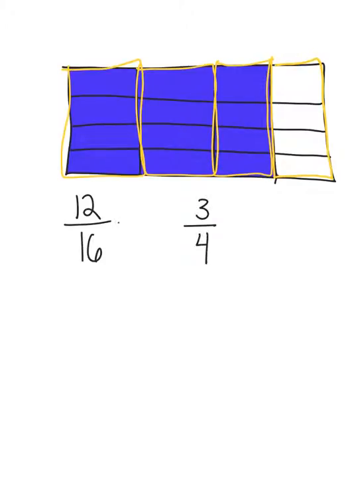So how did we get that? Well, let's make a division sentence. We're going to divide top and bottom by 4, and we get 3/4. Again, it's been cut up into fourths, and 3 of those fourths have been shaded in.